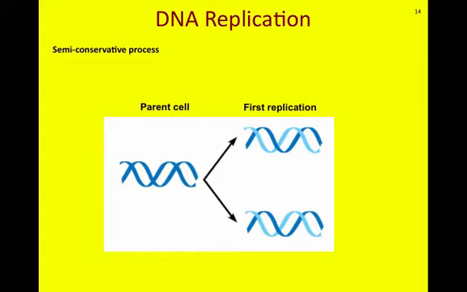This is how replication works: these two strands come apart, and then a new strand attaches itself, by complementary base pairing, to each parent strand of the parent cell.